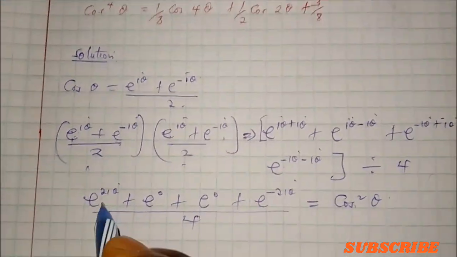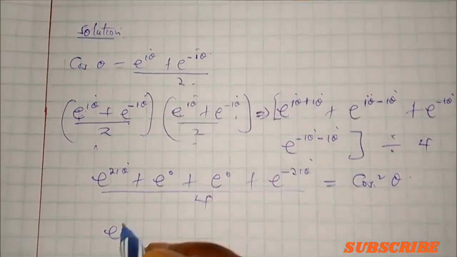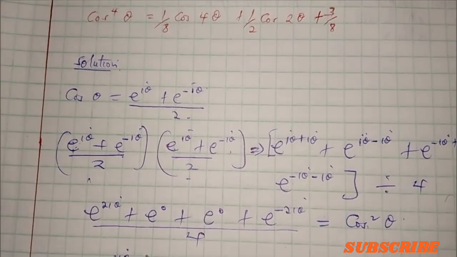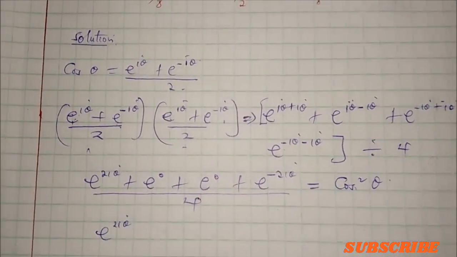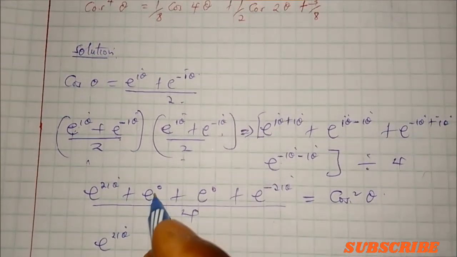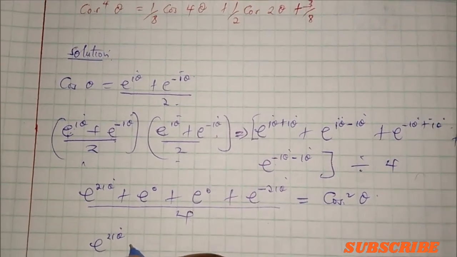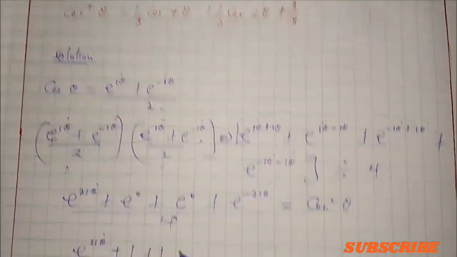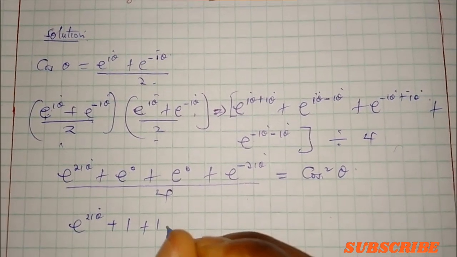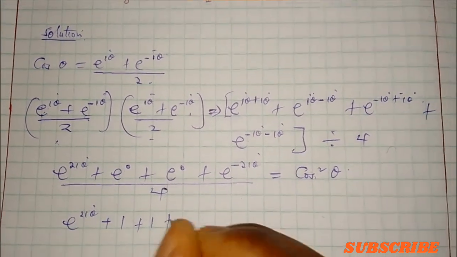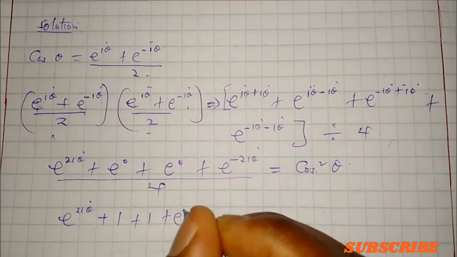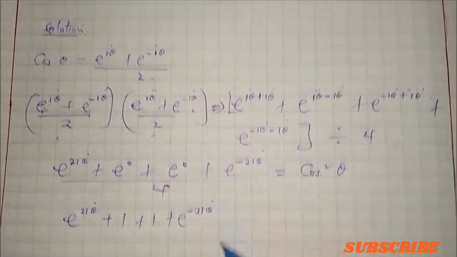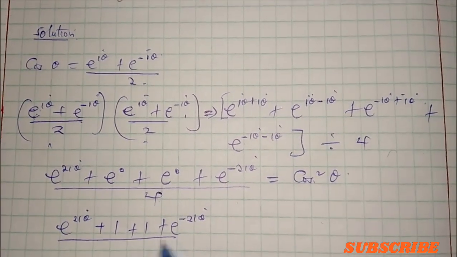So this is e raised to the power 2i theta. Any number raised to the power 0 is 1, so here e raised to the power 0 is 1, so plus 1 plus 1. Plus e raised to the power negative 2i theta over 4.